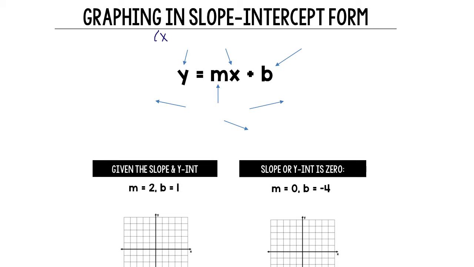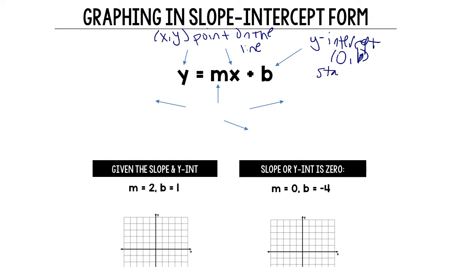Those are really x, y, or a point on the line that we're talking about. b is our y-intercept, or 0, b. When x is 0, y is b. It's where we're going to start for graphing. It's our starting point.